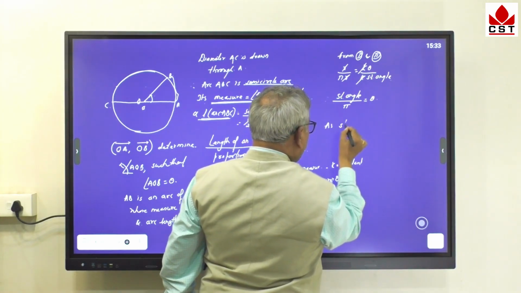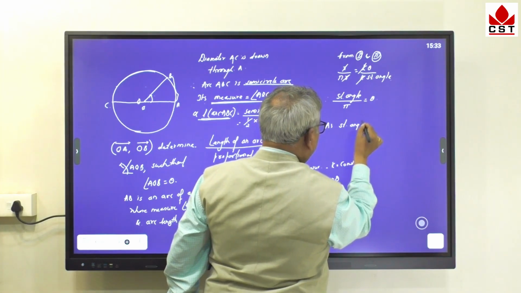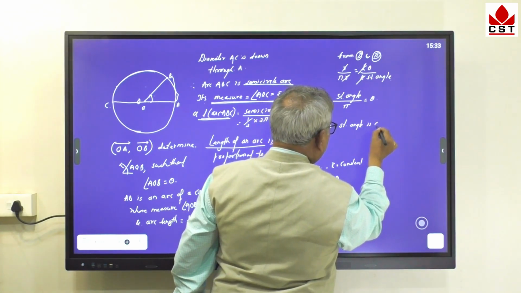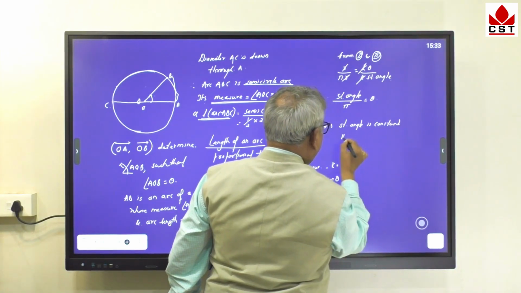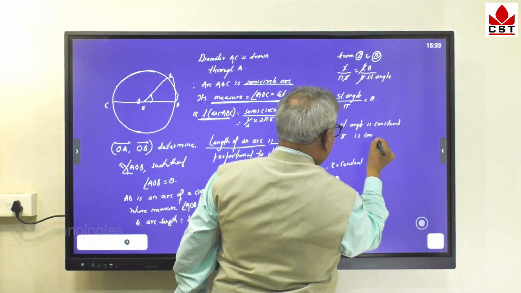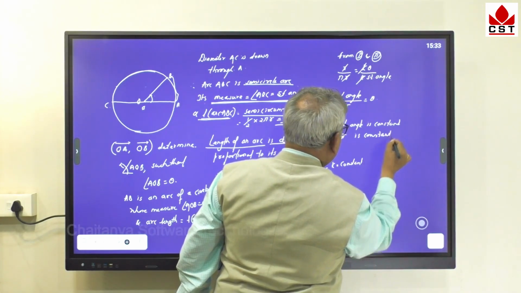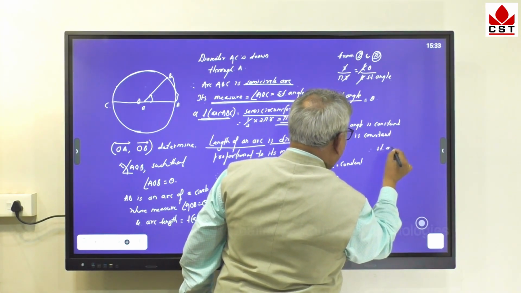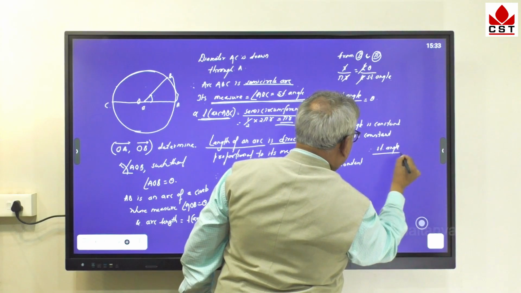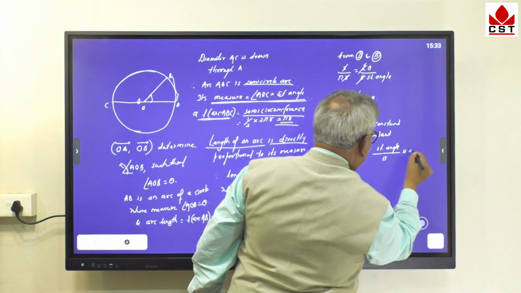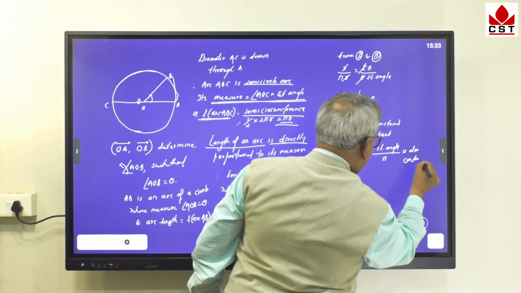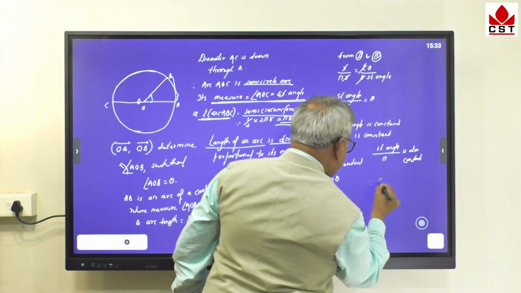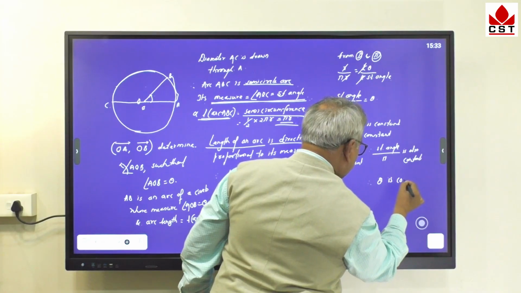As the straight angle is constant and pi is constant, straight angle upon pi is also constant, and therefore theta is constant.